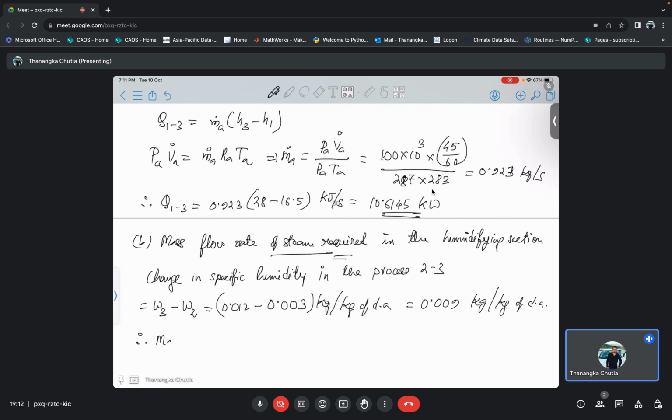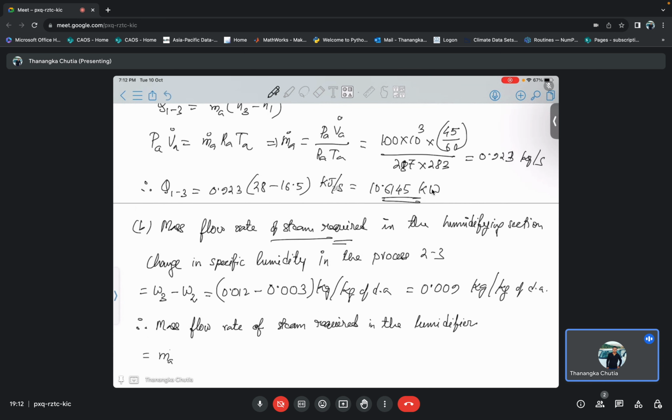So the mass flow rate of steam required in the humidifier is equal to m dot A into W3 minus W2. m dot A is 0.923 and W3 minus W2 is 0.009. So this will be 0.0083 kg per second.